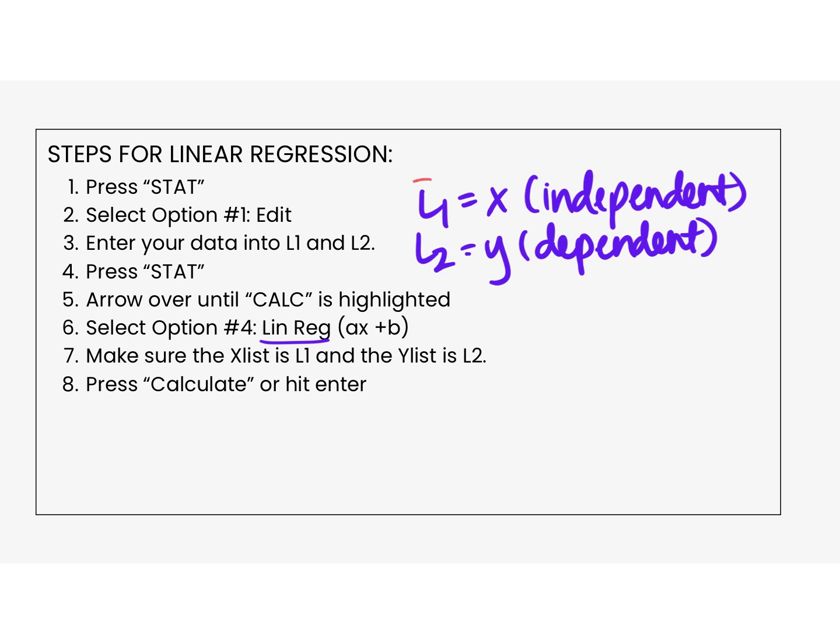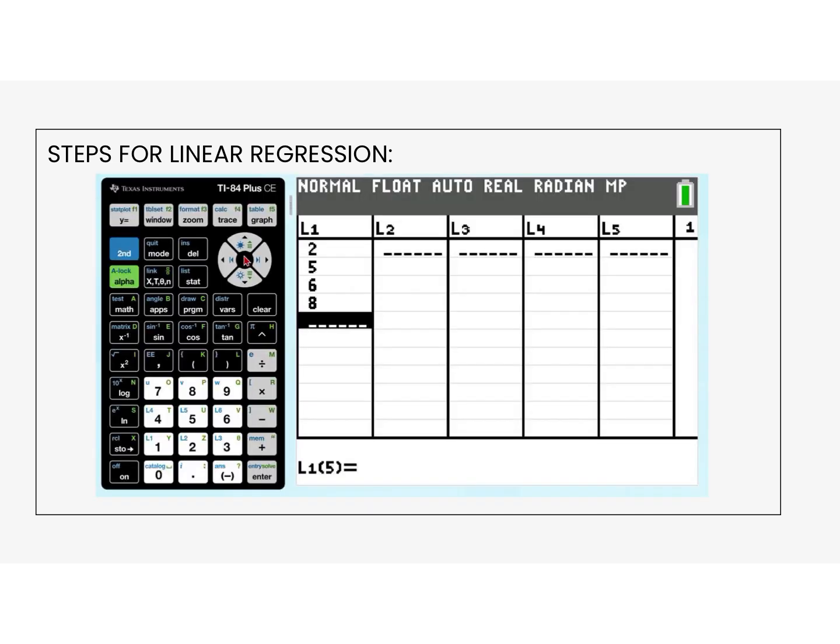Why? Because that's what we put there. We put our X values as L1, we put our Y values as L2. Scroll down to the bottom so calculate is highlighted, and hit enter. This is a screenshot of what it looks like when you're in the stat function. I will attach a separate video so that you can watch the process of this as well.